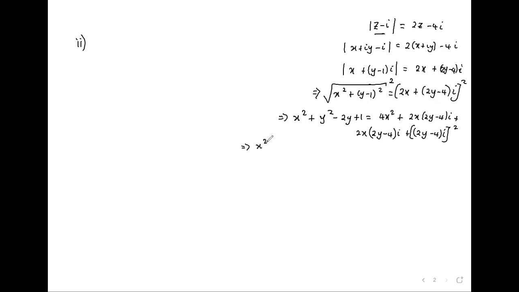So it becomes x squared plus y squared minus 2y plus 1 is 4x squared plus 4xy.